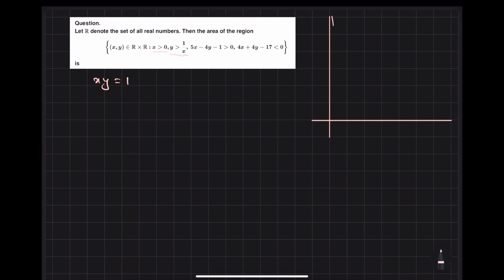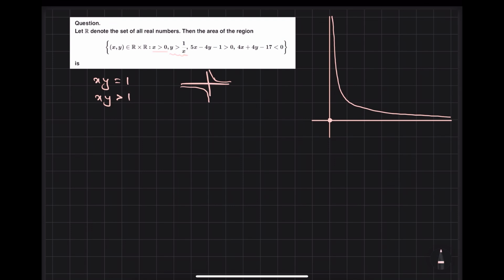Wait, we have an asymptote. So we will have a graph in the first quadrant and the third quadrant. We need this part, so we will zoom in over here. Let's check whether (0, 0) satisfies xy greater than 1.